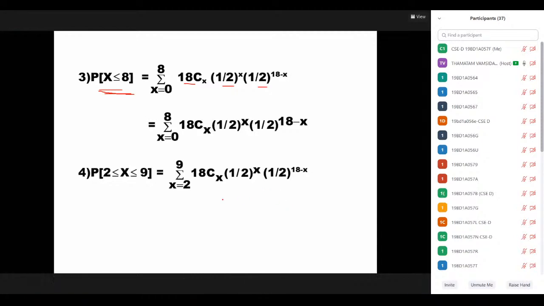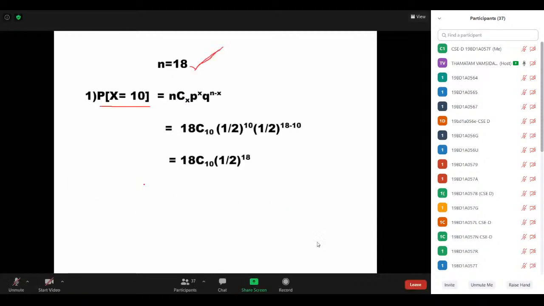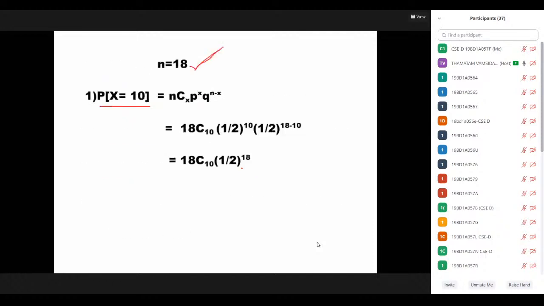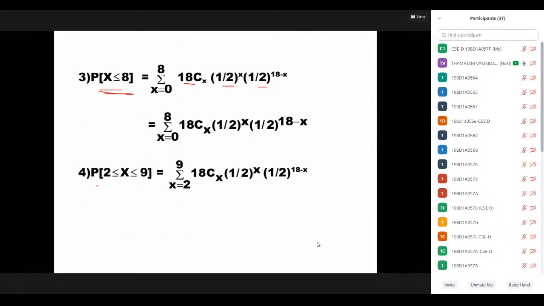Similarly, look at the last bit. The question is at least 2 and at most 9. For that, the notation is probability of 2 less than or equal to X less than or equal to 9. You can find this probability by summation where x takes values from a minimum of 2 to a maximum of 9: summation x equals 2 to 9 of 18Cx into p power x into q power n minus x.